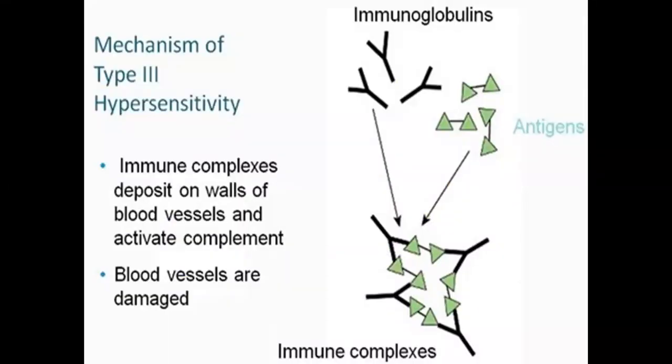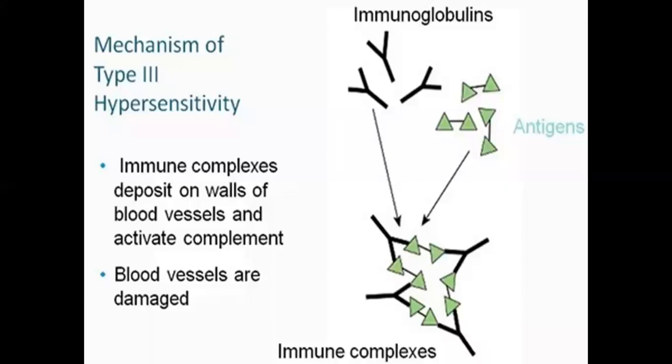Hypersensitivity type 3, let's summarize. In case of type 1 hypersensitivity reaction, the antibody was present on the surface of the mast cell. Antigen came from the external source, formed antigen antibody complex, and the reaction occurred. In case of type 2, antigen was present on the surface of the cell.